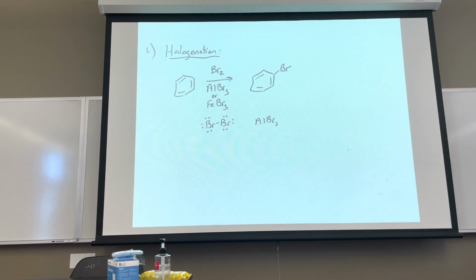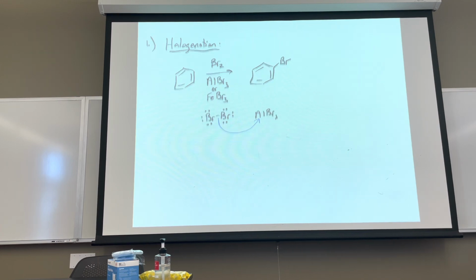So the way I tend to envision this reaction happening, probably not exactly true, but it makes it simpler for the mechanism, and so that's the way I'm going to draw this, is the Lewis acid is looking for electrons. And so one of these bromide lone pairs is going to go in and jump onto the aluminum.